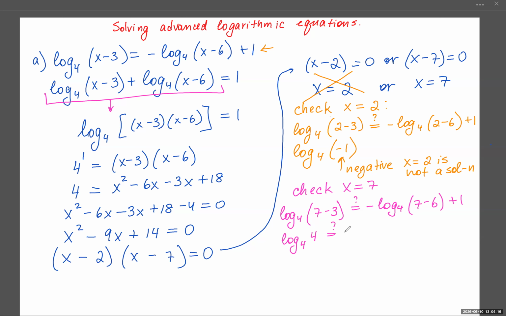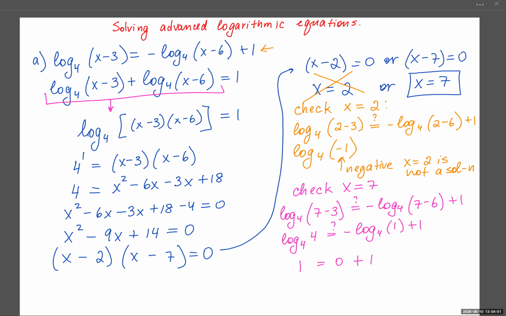Does that equal negative log base 4 of 1 plus 1? Log base 4 of 4 is 1. And negative log base 4 of 1 is 0, plus 1. So 1 equals 1. So yes, 7 is the solution to this equation. Just 7, not x equals 2. x equals 2 did not check out. You do have to check every single one of these.